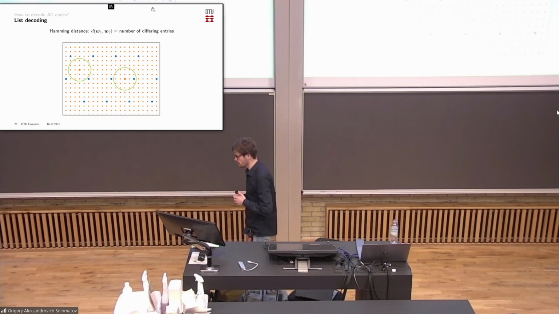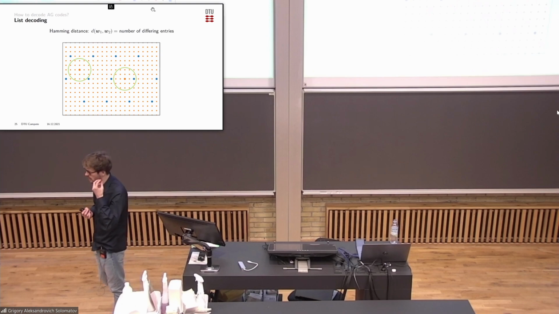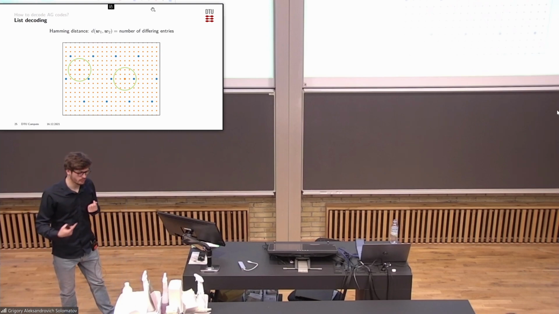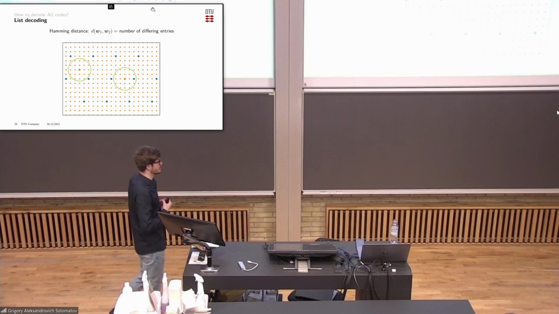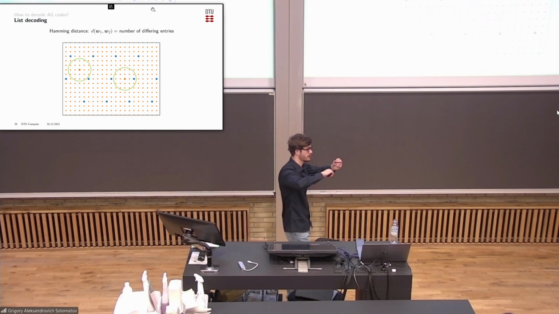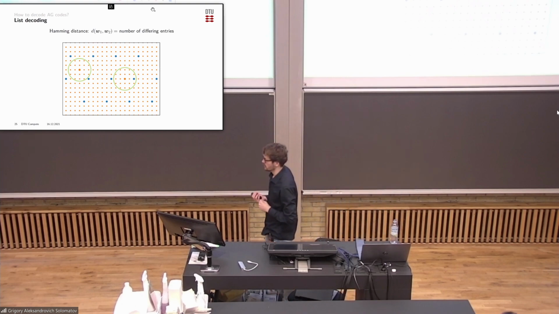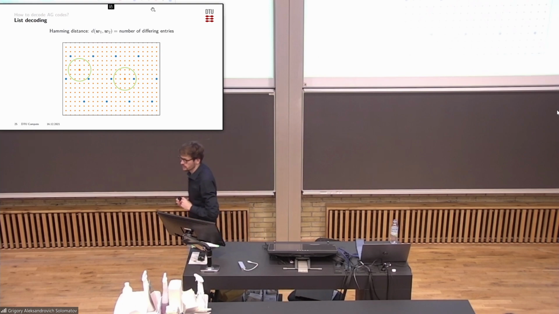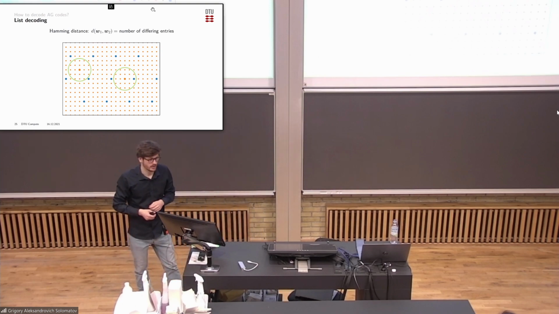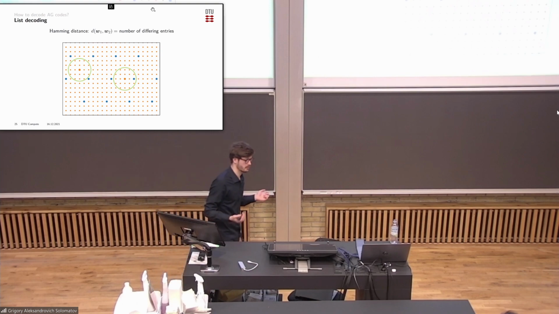So another approach might be to rephrase the question. Instead of asking how to find the closest code word to my received word, you can instead ask the question, given a received word and given a radius around it, like a bubble, so to say, a ball, can you find just any code words inside that ball? There might be one code word, there might be no code words, there might be multiple.